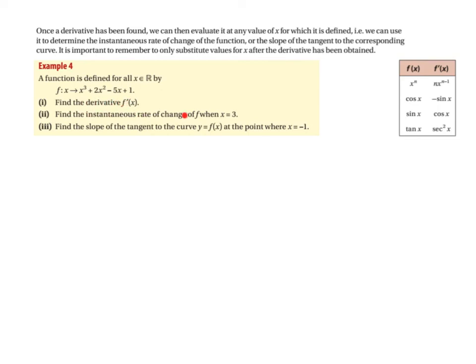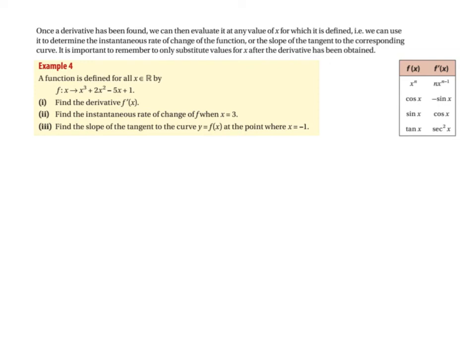The instantaneous rate of change of f when x is equal to 3, and then find the slope of the tangent to the curve at the point where x is equal to minus 1. These 2 questions are asking us to do exactly the same thing. Remember, the differential works out the instantaneous rate of change at a particular point, but it also works out the slope of a tangent at a particular point. These 2 things are exactly the same technique.